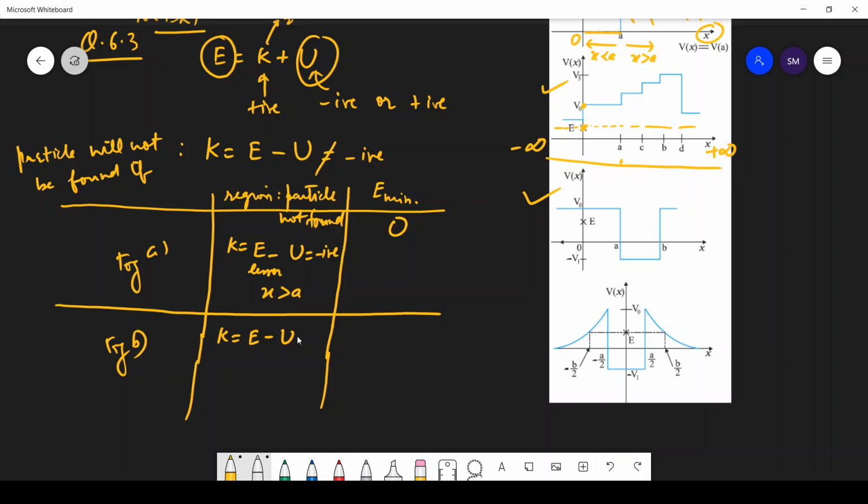So E is lesser, and it will again be negative for x between minus infinity and plus infinity. So the particle will not be found in any region from x equals minus infinity to x equals plus infinity, because kinetic energy will be negative.